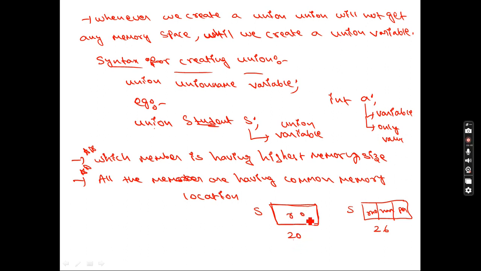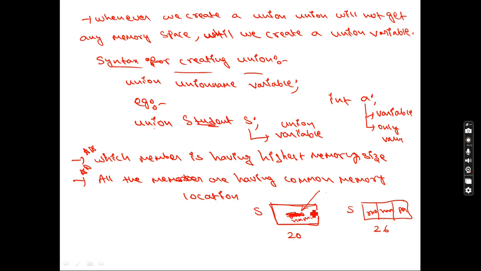So what details am I going to store? Roll number. Once I store roll number, at a time you can store only one value. If you store roll number, you cannot store name. Suppose you store name, what will happen? Roll number will be erased. Whichever value you entered recently, that value will be stored. So at any point of time you can store only one value.